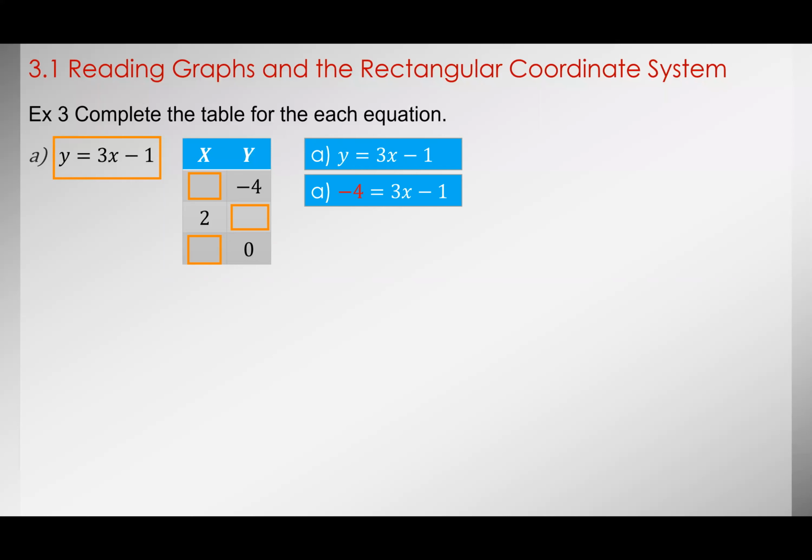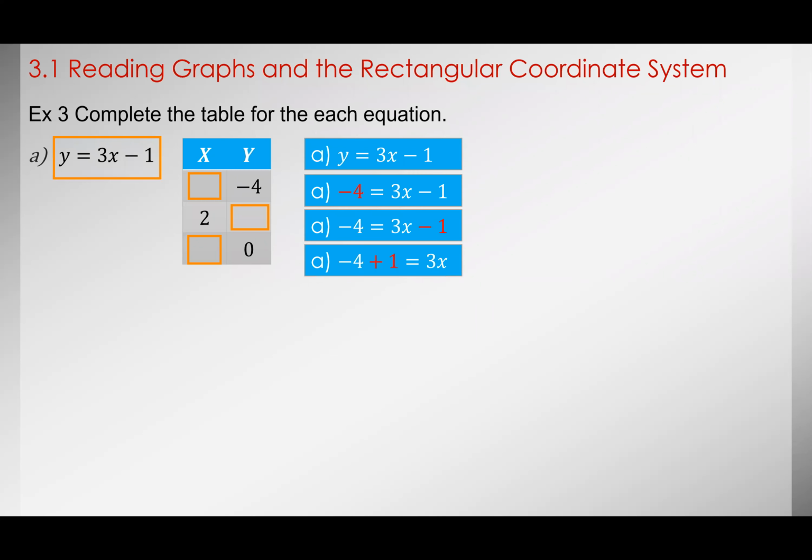As you can see, they only give you one value at a time. So your goal is just plug in whatever their value is. Make sure you plug in the right corresponding letter, and then just solve for the leftover variable. So in this case, instead of y, I write -4. Now I can see that to solve for x, I need to get rid of 1.